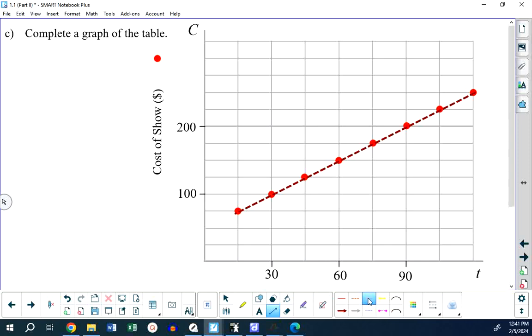Now I have a question for you. Once you've drawn that in, I'll give you just a minute to finish. Can I do this? Definitely.